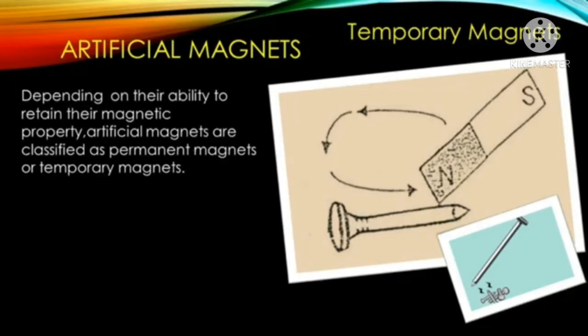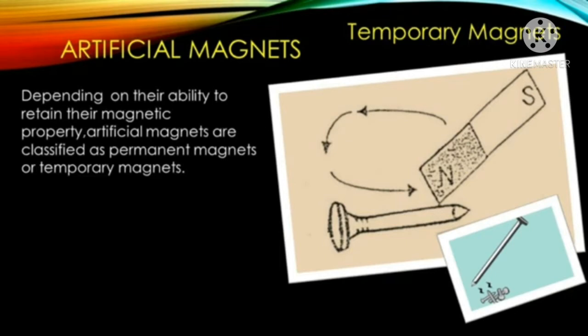We can even convert an iron nail, a sewing needle, or even a razor blade into a magnet by stroking them repeatedly with the same end of a bar magnet in the same direction. If we convert an iron or steel needle into a magnet, then we can use this magnetized needle for making our own compass.